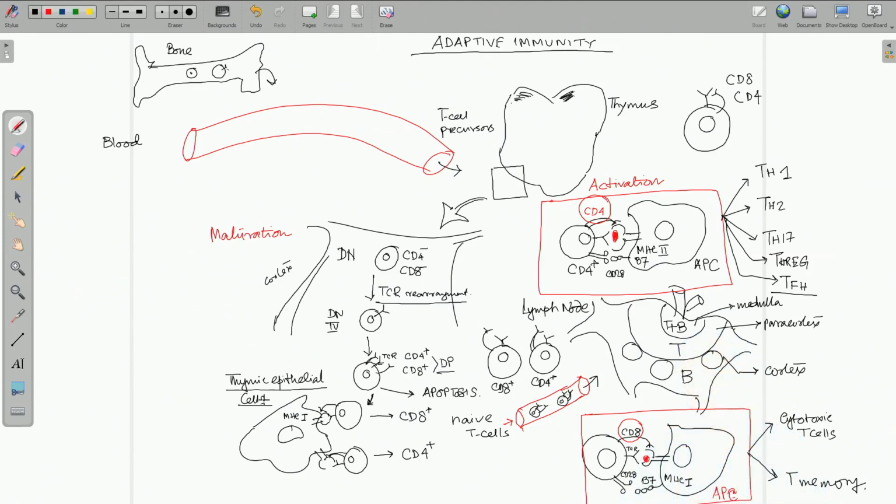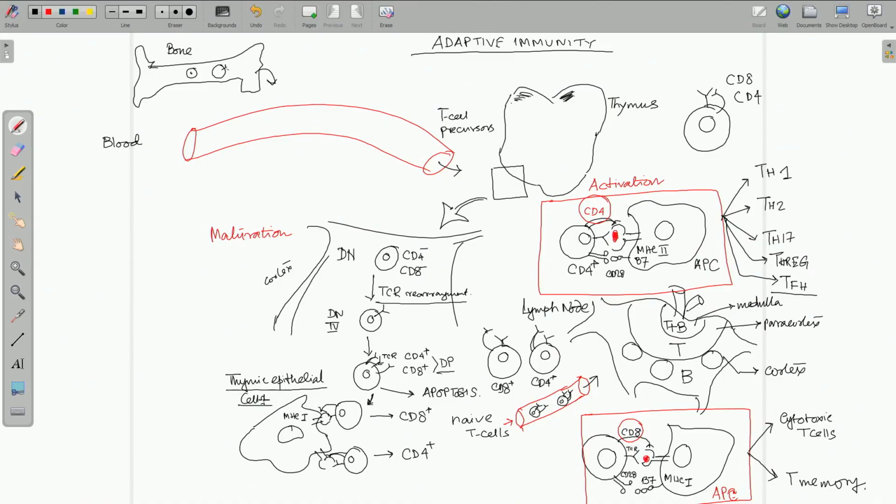And then these CD4 plus and the CD8 plus cells, which are still naive T cells, they have not yet met with any antigen.